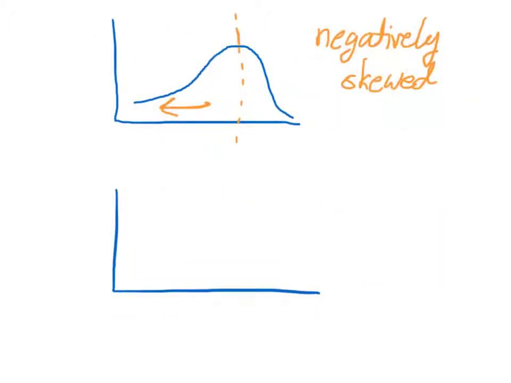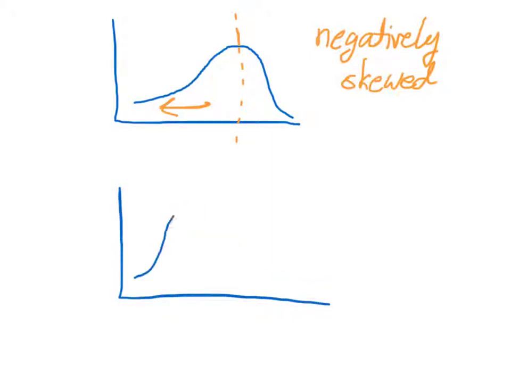Likewise, we can have a positively skewed data set. Let me redraw that because it wasn't very good. So a positively skewed data set looks something like this, where the mode is farther to the left and the data looks like it's been stretched to the right. And this is a positively skewed data set.